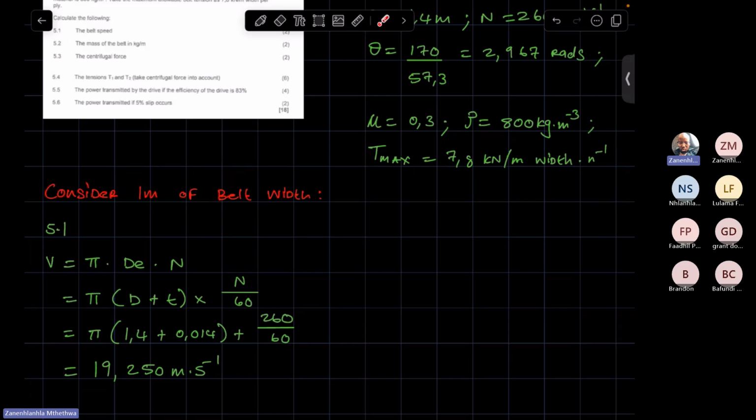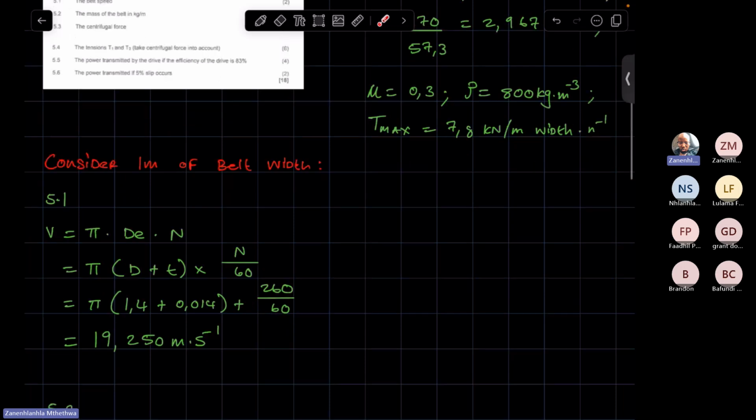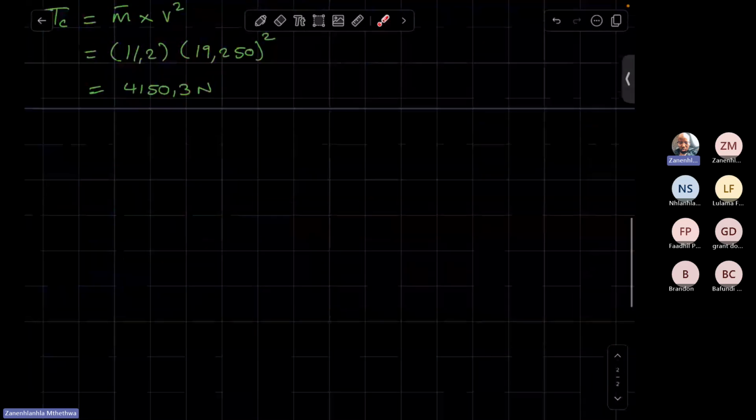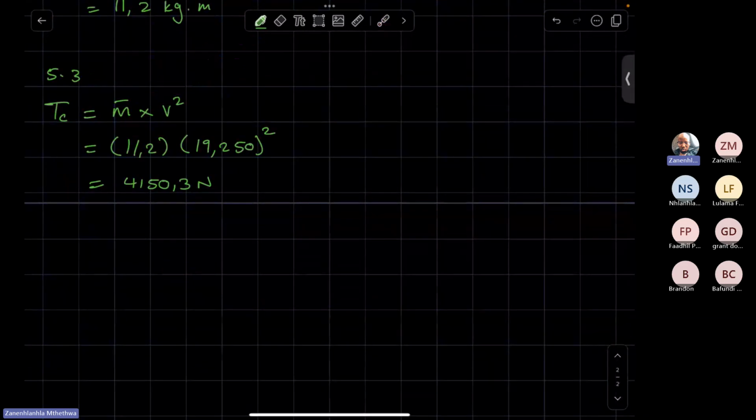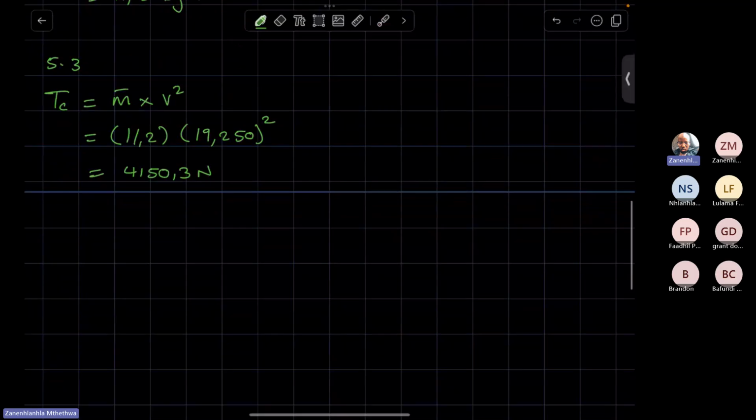It's counterintuitive, yes, but in the exam, you follow the instruction of the examiner. So we are going to calculate T1 and T2, taking centrifugal tension into account.